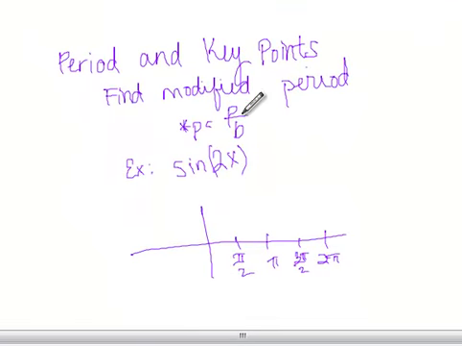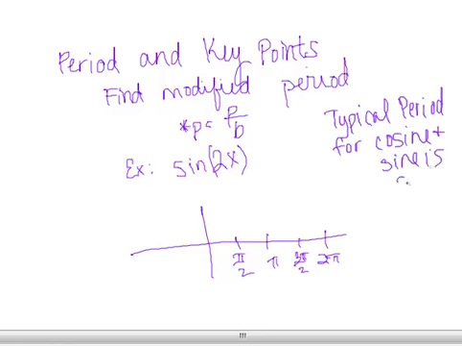So we take our typical period, which for cosine and sine is 2 pi. When we're looking at something like sine of 2x, my modified period is going to be 2 pi divided by 2, which is equal to pi. What that means is instead of taking a whole 2 pi to complete my sine curve, it's only going to take up to pi.